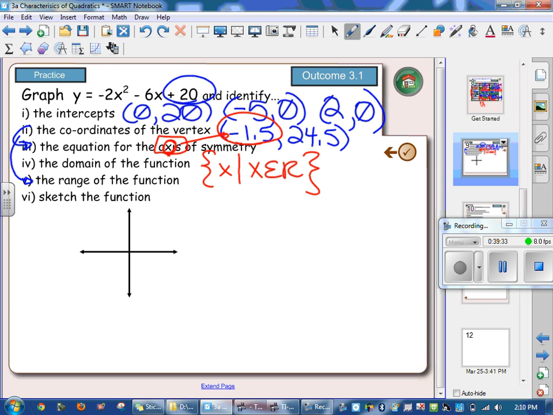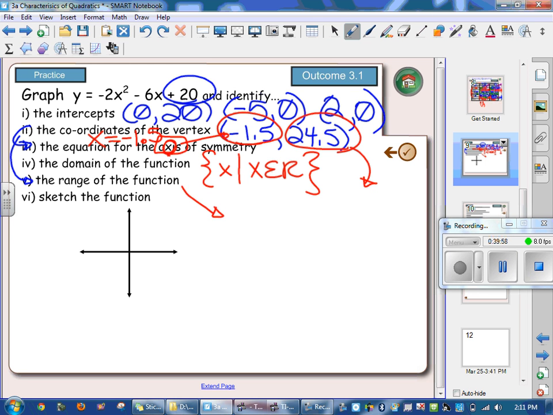All right, our range, it is the y value in our function here. So if we take a look, the range, we have to first of all decide, is it going up or is it going down? Hopefully you all realize it's going down. When you put it in your calculators, you would have seen something that comes down like this. Okay? Touched at positive 20, and there's our x-intercepts, okay?